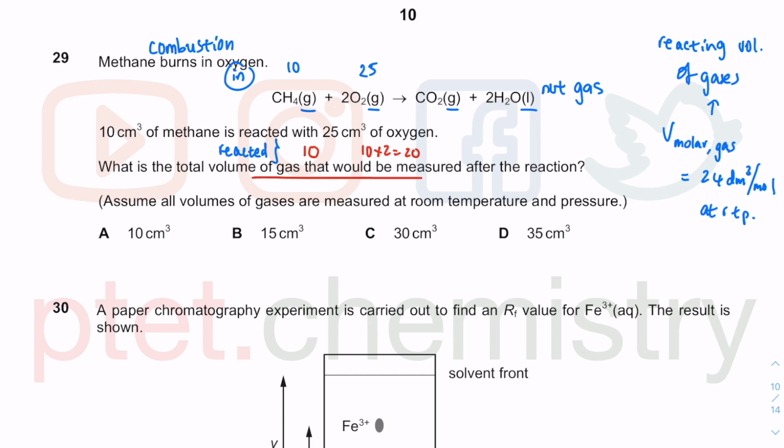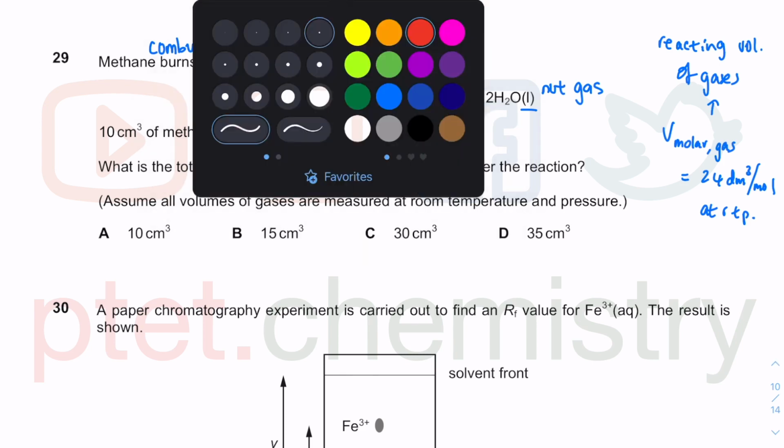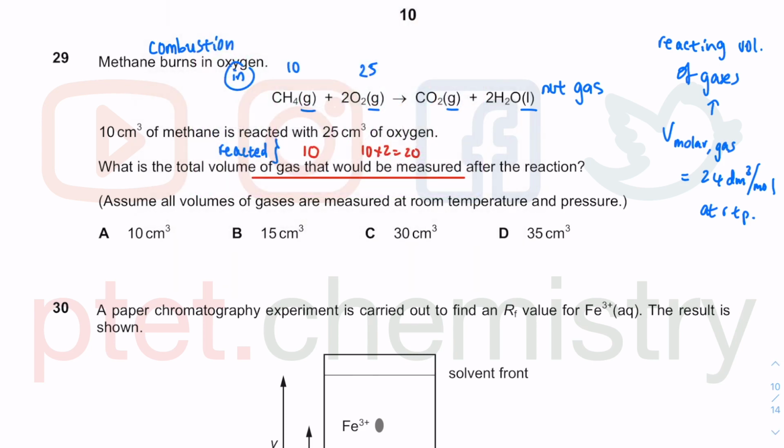So what are you going to be left behind with? For what is left behind, the methane will be 0. 25 is what you put in. 20 is how much reacted with 10 cm cube of CH4. So 25 minus 20, you're left with 5 cm cube of O2. This is unreacted. But we also have the product, where 1 mole CH4 gives you 1 mole CO2.